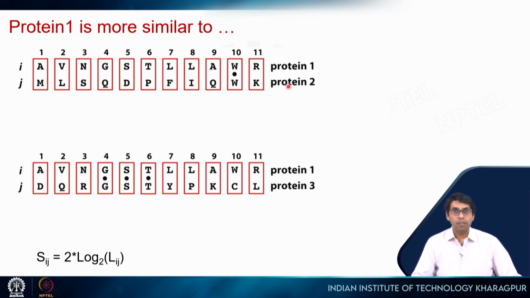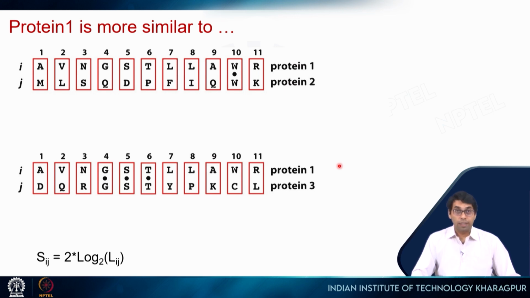If you look at this, here only one amino acid is identical, everything else is different, and in this case 3 amino acids are identical, everything else is different. So, if I go by sequence identity, then only one is identical here and 3 are identical here. So, based on identity, I will say protein 3 is more similar to protein 1 than protein 2. Okay. So, protein 3 is more similar to protein 1.